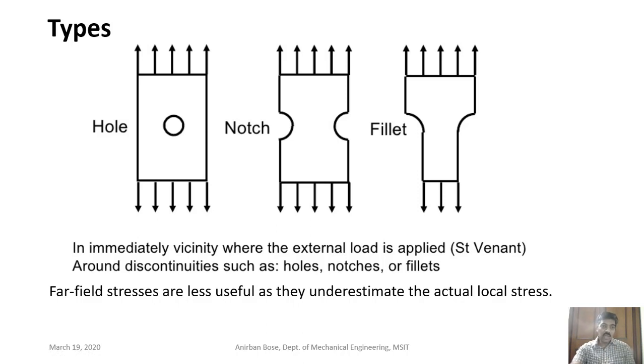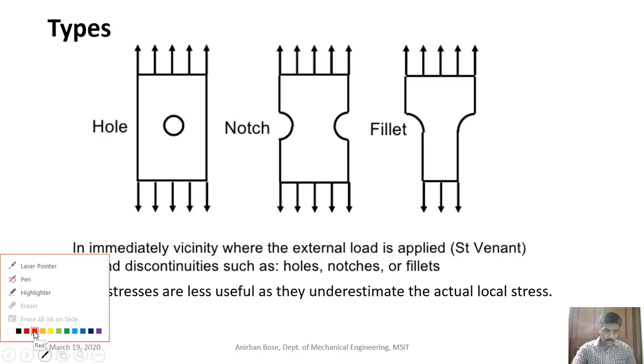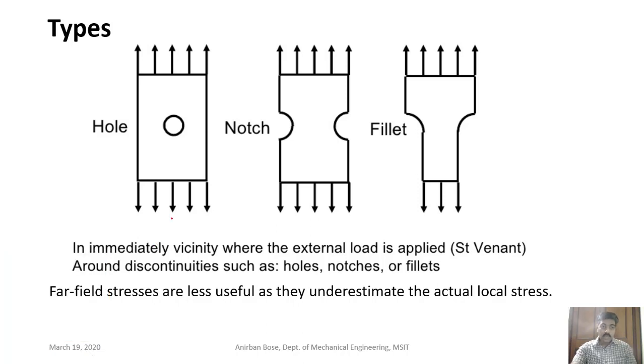Now let us try to understand how this actually happens. First thing is that if we do not consider this kind of section where the chance of stress concentration is there, then what happens?